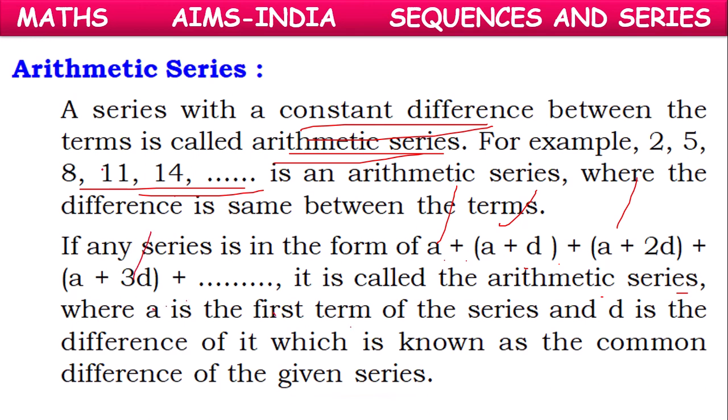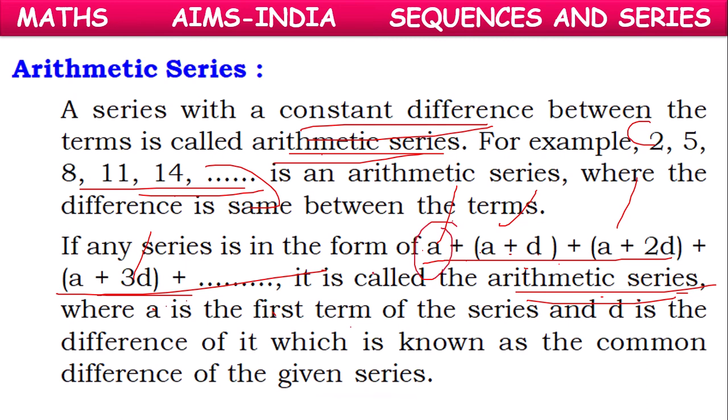Not only this sequence, any sequence which is in this form, A, A plus D, A plus 2D, A plus 3D, will be an example of arithmetic series where A is considered as the first term and D is considered as the common difference. And all the terms can be obtained by adding the common difference to the previous term. So this is about arithmetic series, children.